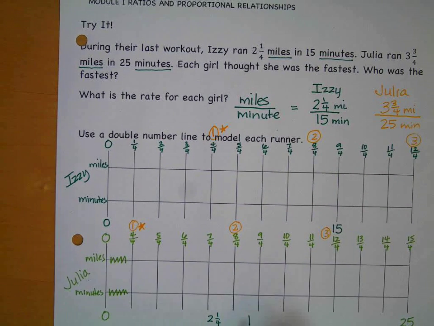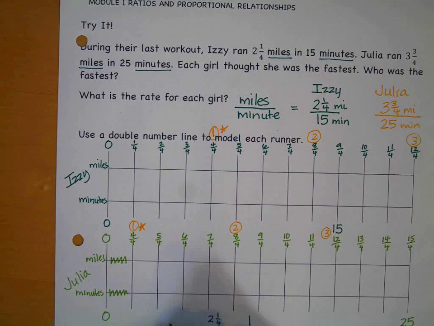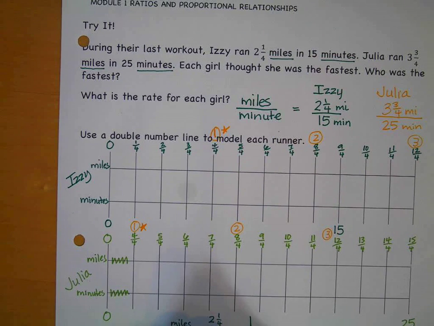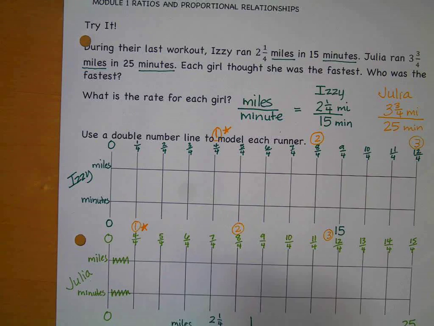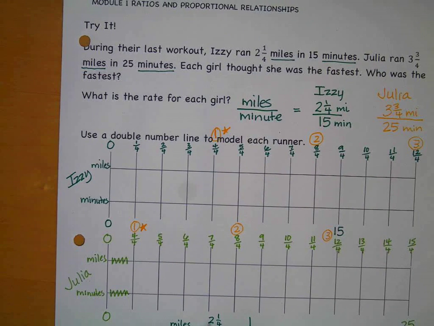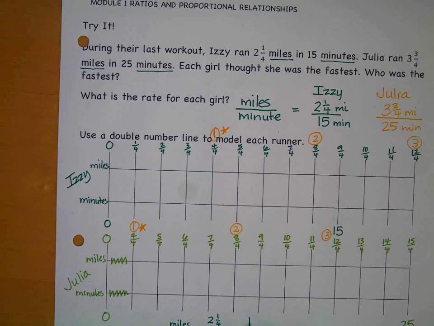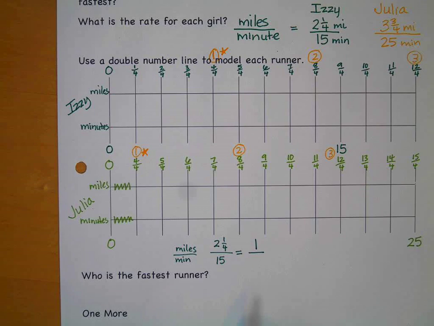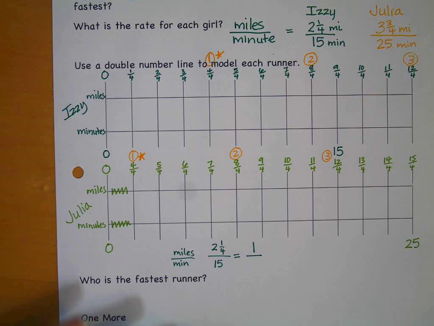And so what we're trying to find out is how long does it take her to go 1 mile? Because remember, this is miles and this is minutes, right? So we want to know, how long does it take her to go only 1 mile? We know that it takes her 15 minutes to go 2 1/4 miles, but we want to know how long it's going to take her to go only 1 mile because we're doing a unit rate.